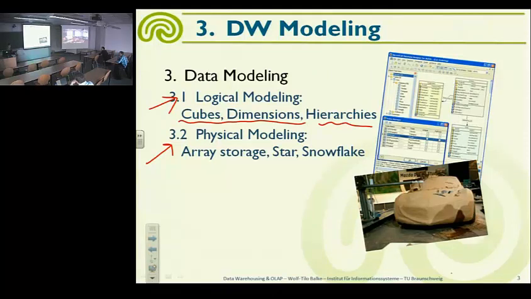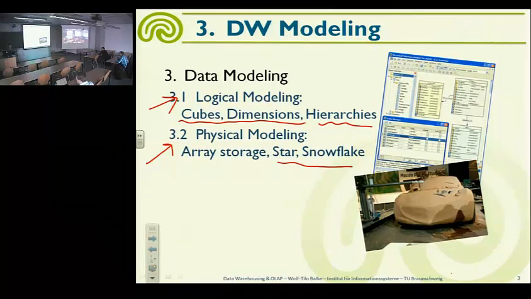You have to store it in a way that serves most of the queries that are coming. There are different types of modeling to choose from. We're going to talk in detail about two of them, multi-dimensional modeling and relational modeling. We're also going to look at different types of schemas that are very popular in data warehouses, like star or snowflake. This will basically be the physical modeling.